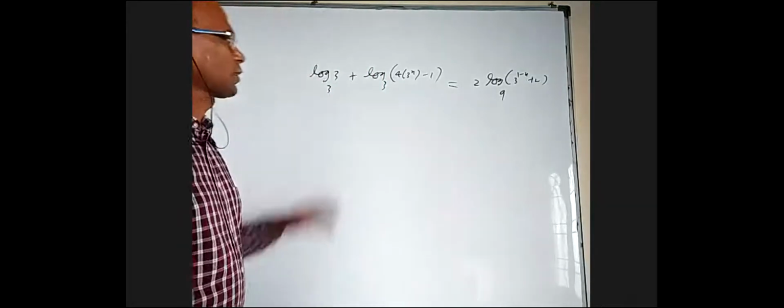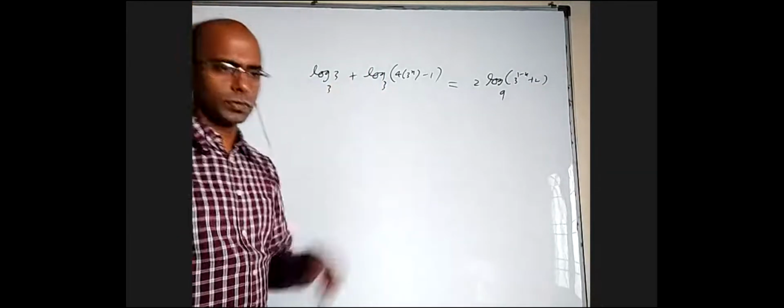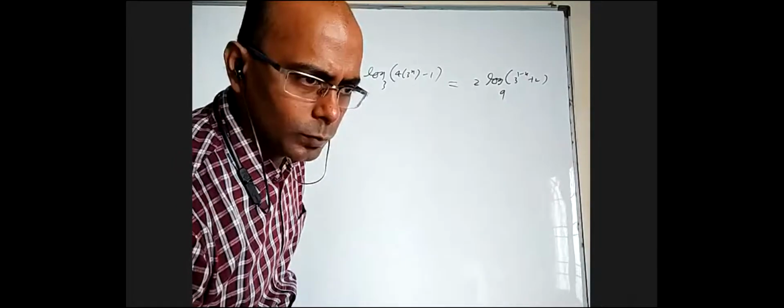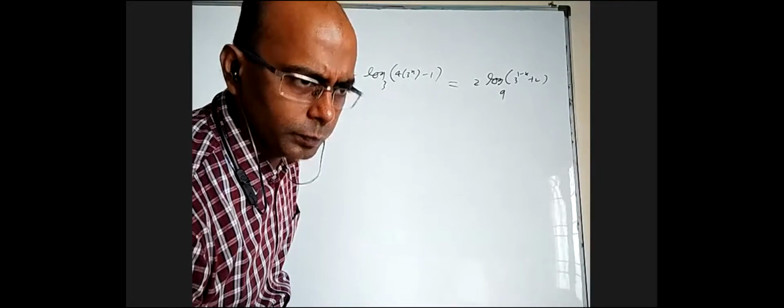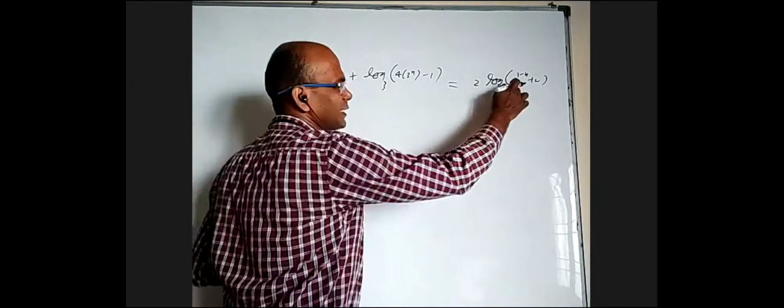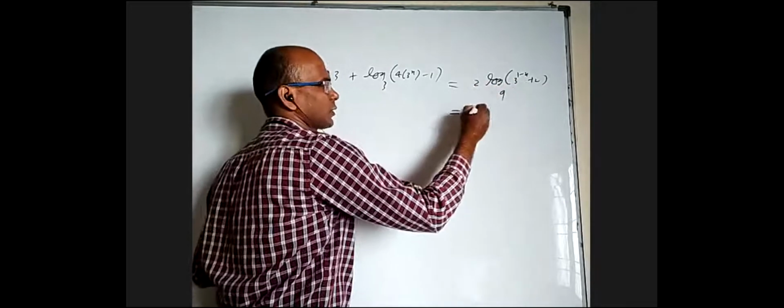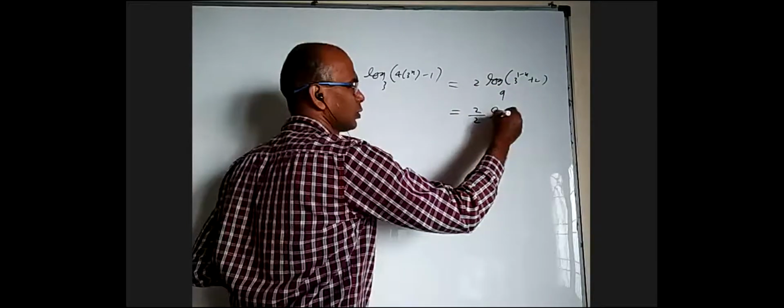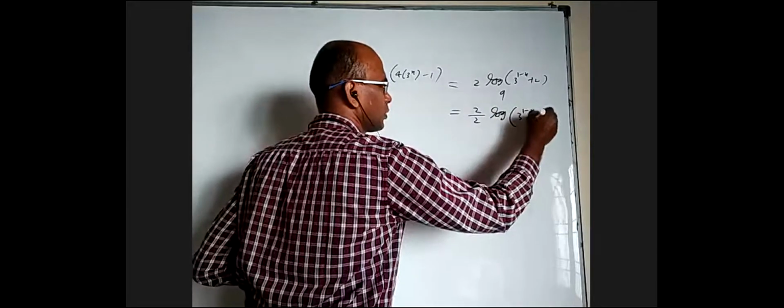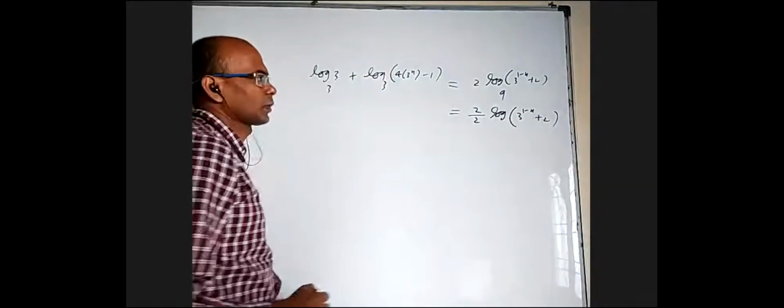This 9 you can write as 3 square, and this 2 will get cancelled with that. You will get 2 by 2 log 3 power 1 minus x plus 2.